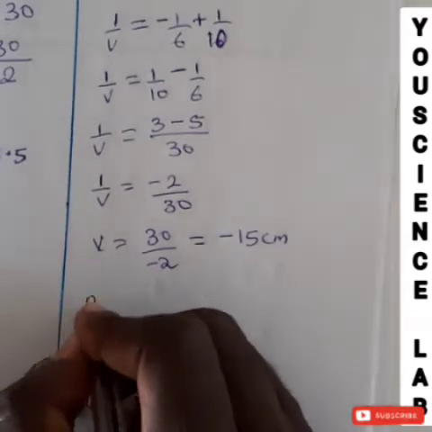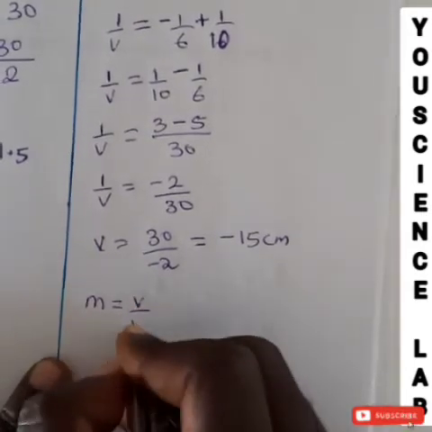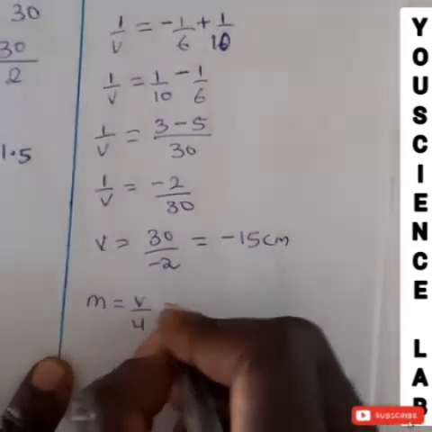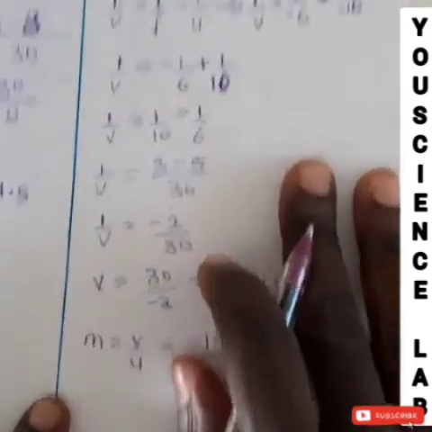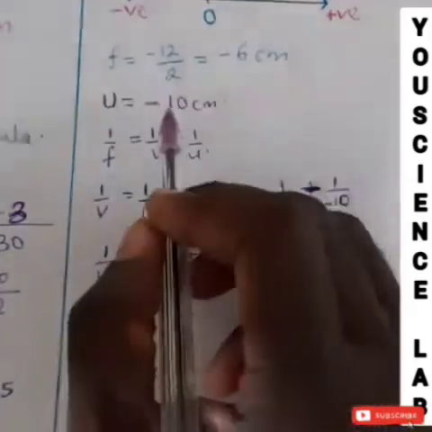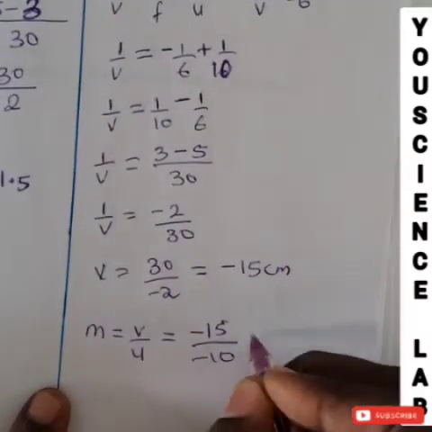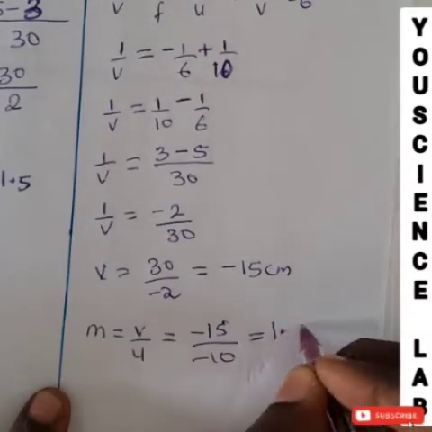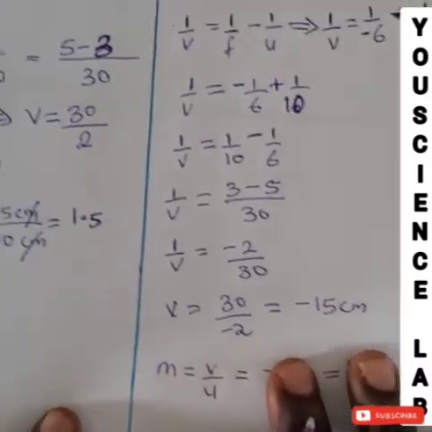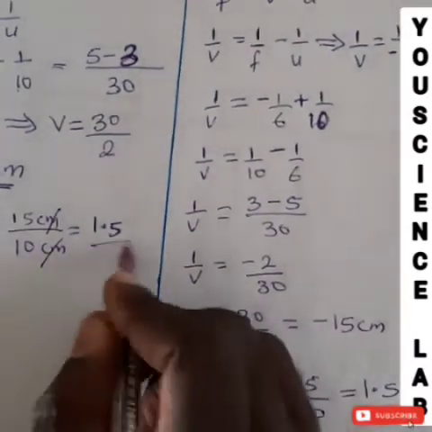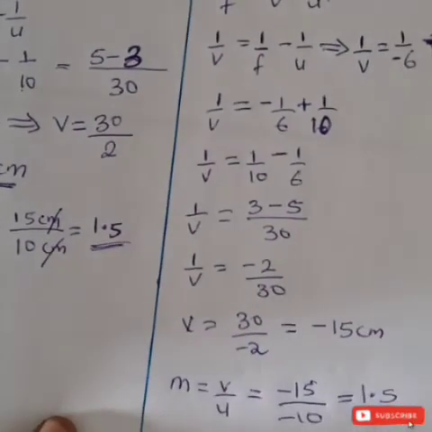In this case, the magnification is equal to v over u again. So that will be equal to minus 15 divided by our object distance of minus 10, which is 1.5 as it was with the previous result. So you see we have the same result.